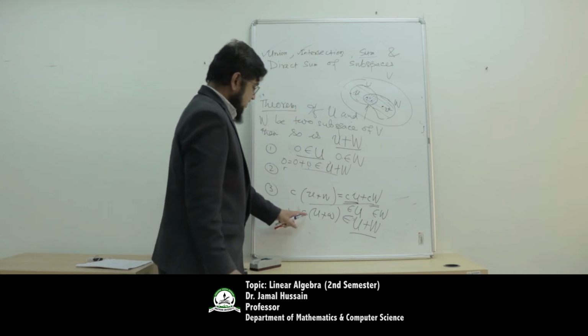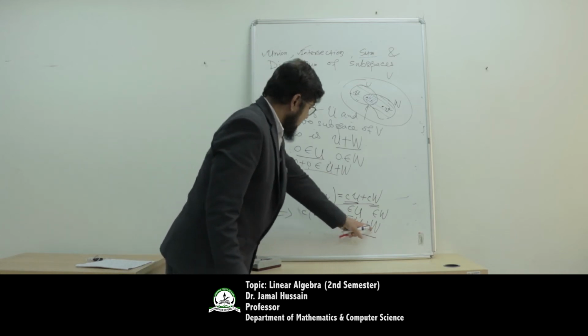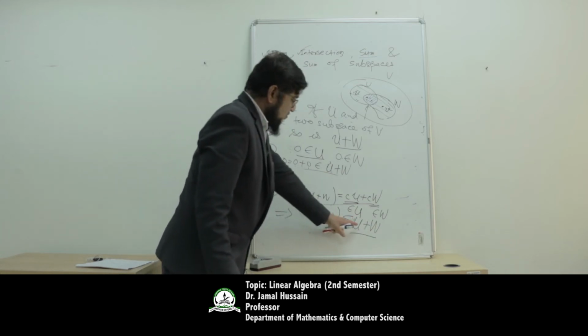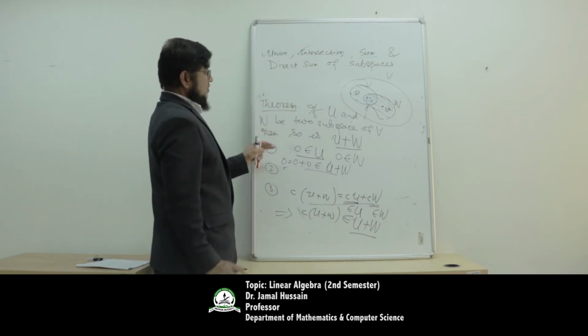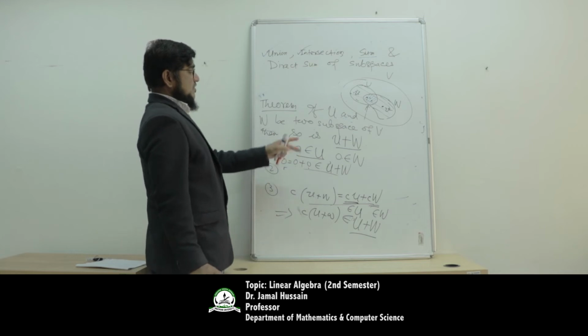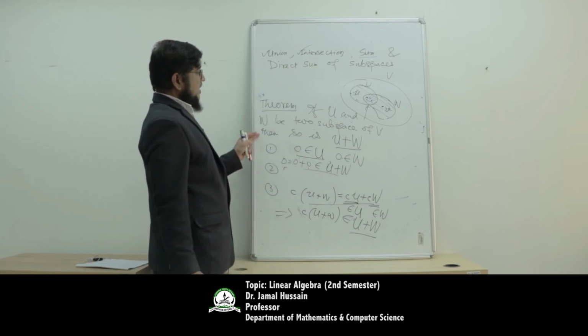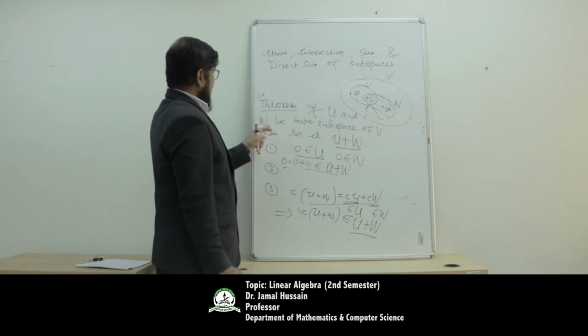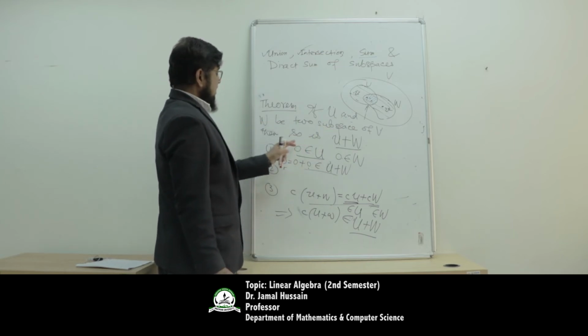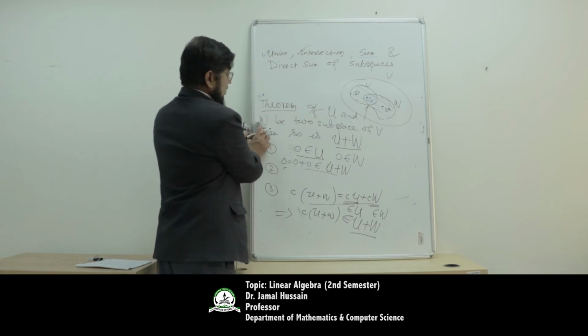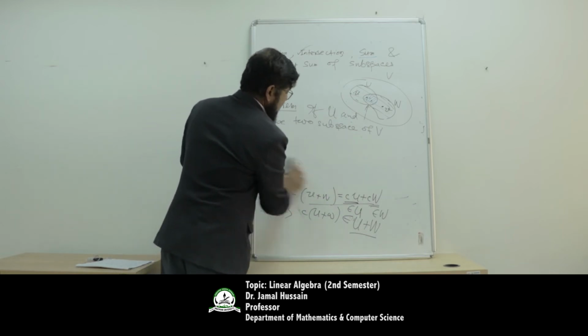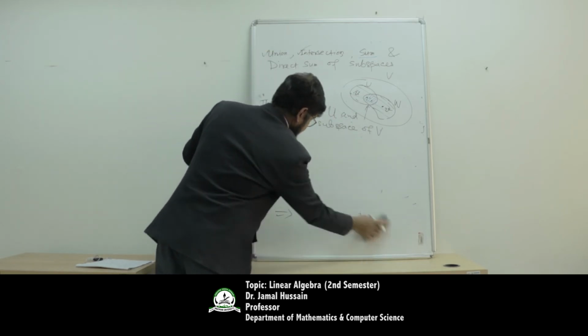So this suggests that if I take any vector in U plus W, its scalar multiple also belongs to U plus W, and hence it satisfies all three criteria for U plus W to be a subspace. Hence it is proved that if U and W are two subspaces, then their sum is also a subspace of V.